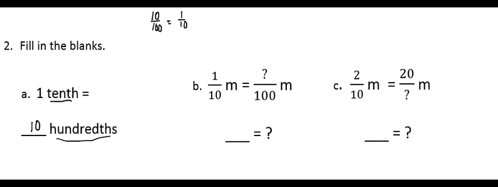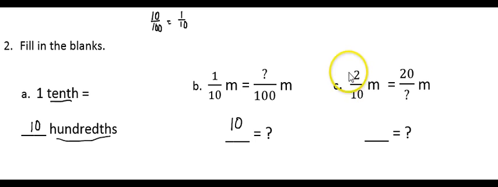In question B, I have 1/10 written as a fraction, so 1/10 of a meter is equal to blank 100ths of a meter. So again, that would be 10/100ths of a meter. The question mark is telling me that the numerator of my fraction is 10.